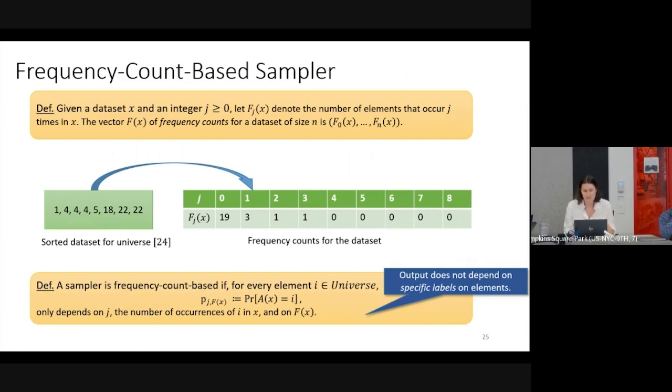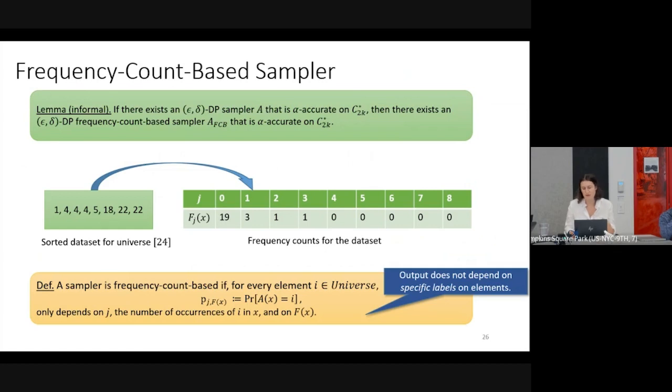And so in our paper, we prove that, for our class of hard distributions, if you can sample from this with a private sampler that's alpha accurate, then you can also sample from it using a frequency count based sampler.